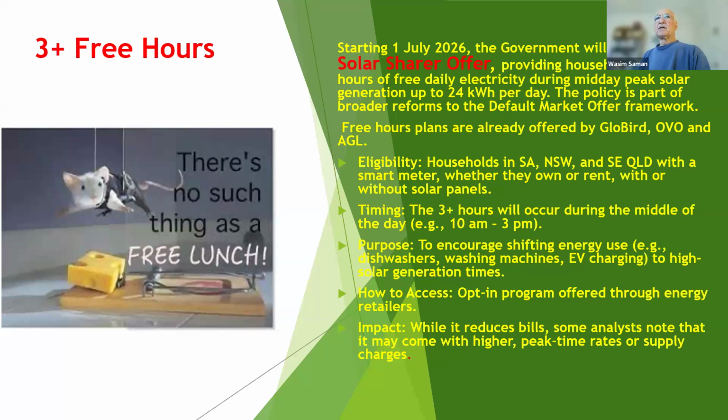Exactly. So in South Australia, I won't be surprised if the time for free electricity will be more than 3 hours, because we have plenty of sunshine hours and they want us to use more and more of it. Obviously the purpose is to shift energy use for anything that we can time to use during those hours.